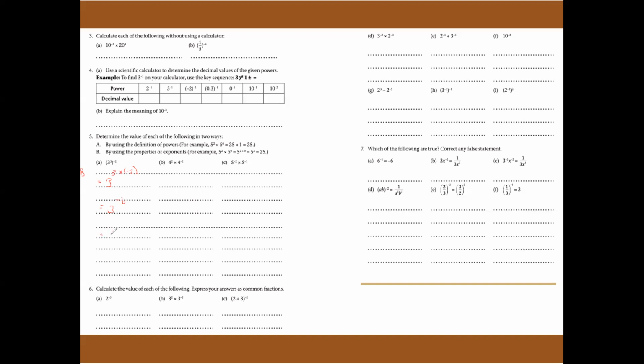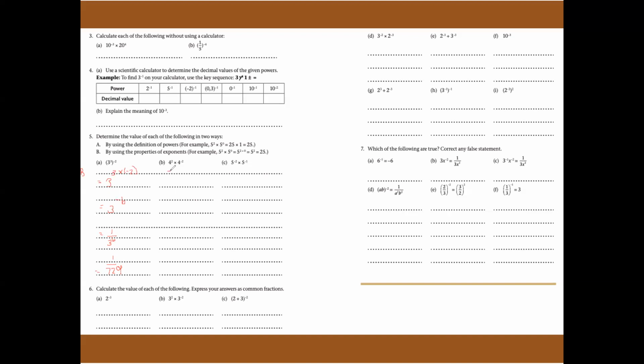Which you then invert. And that answer is 1 over 729. So you see you get the same answer as the previous one. The previous one is also 1 over 729.